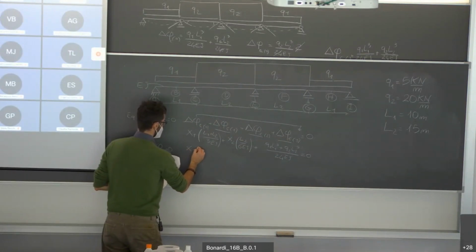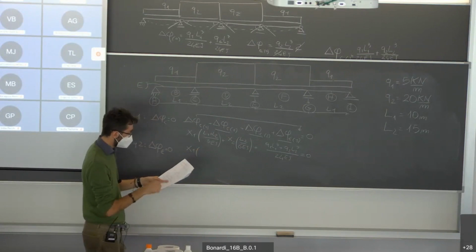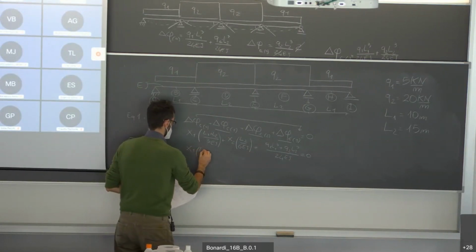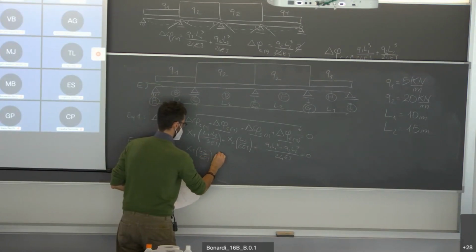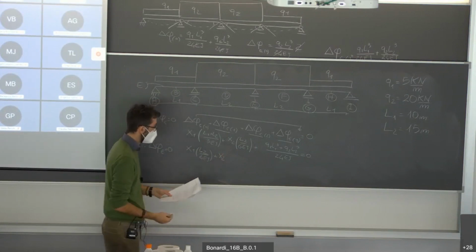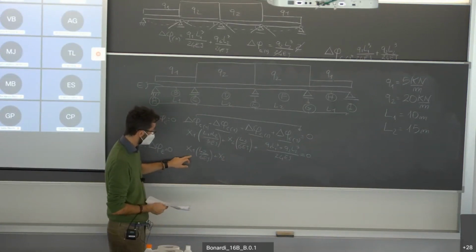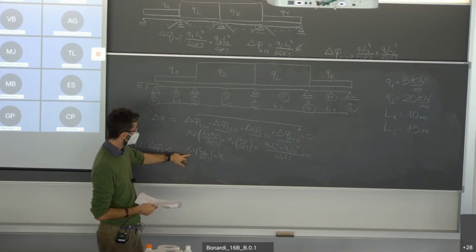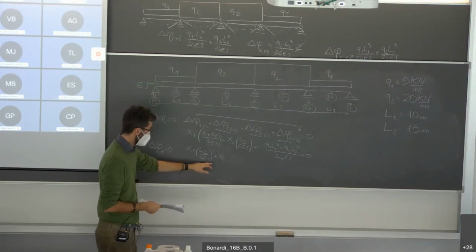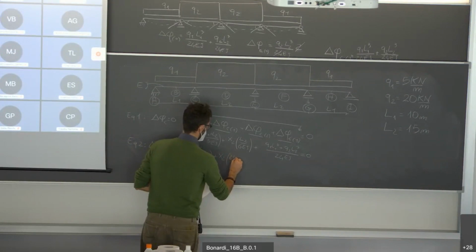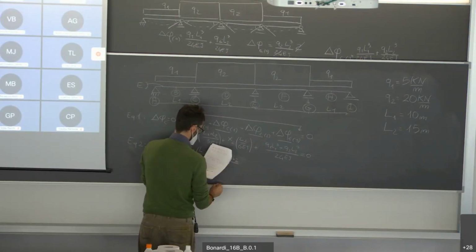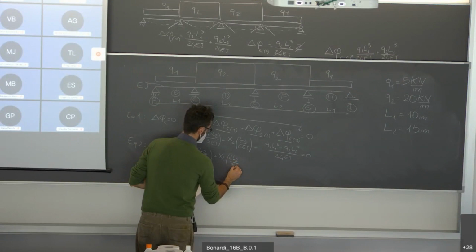I only substitute these values, and we find x1 multiplying L2 over 6EI. Then we have, and this is the influence of x1 over this rotation, plus x2 multiplying twice L2 over 3EI.